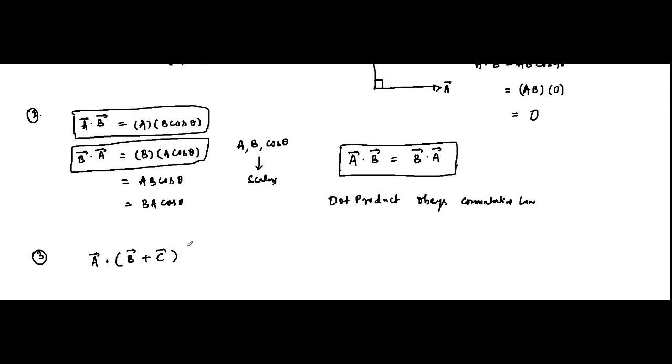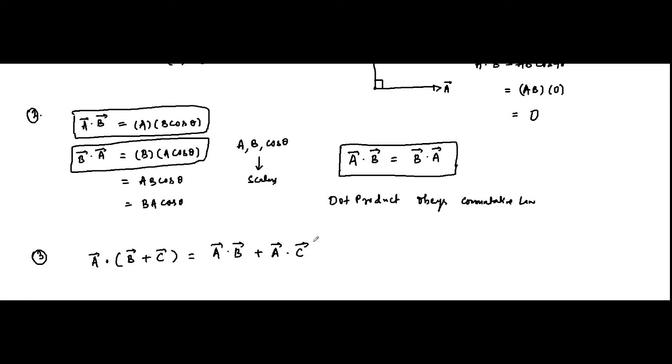So here it can be written as A vector dot B vector plus A vector dot C vector, like this.